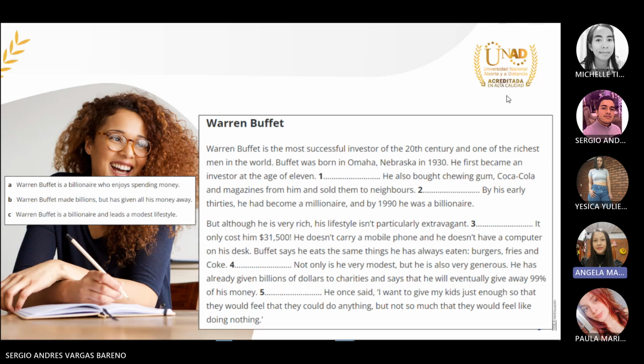Not only is he very modest, but he is also very generous. He has already given billions of dollars to charities and says that he will eventually give away 99% of his money.